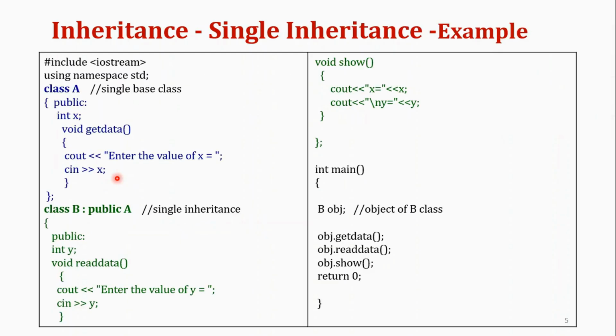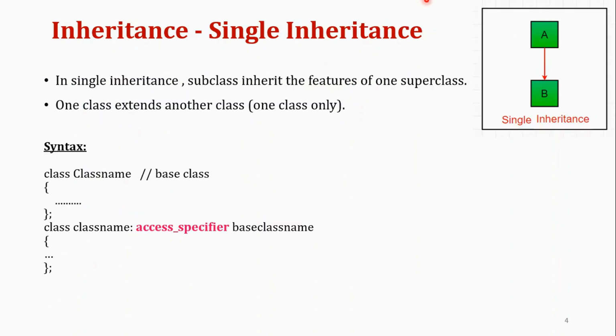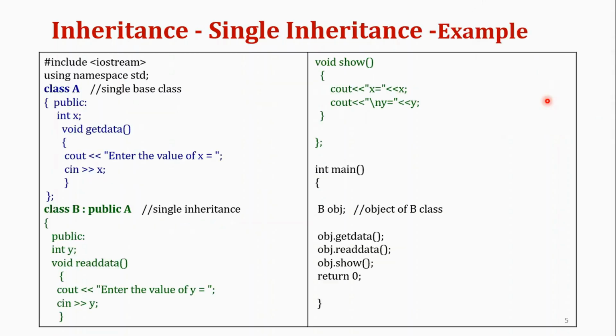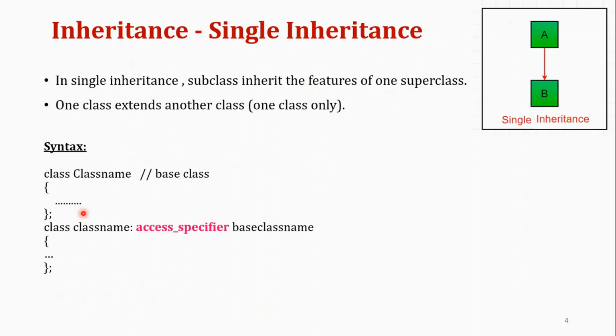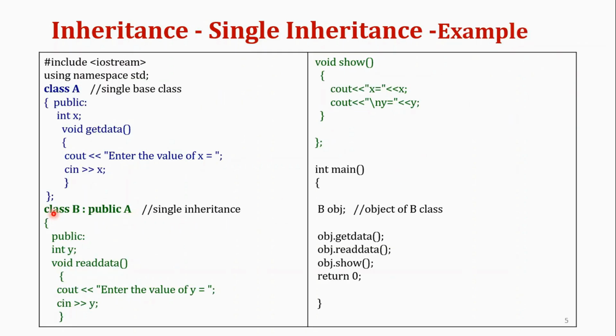Let us see the example. From the diagram, I'm implementing the example. Class A is the base class, and class B is the derived class. In public mode, I'm inheriting class A into class B, so class B colon public class A. A is inherited to class B in public mode, which means all the public will become public, protected will become protected, and private is never inherited.